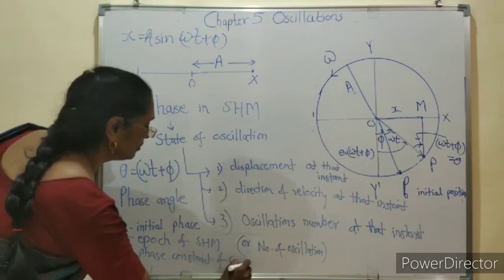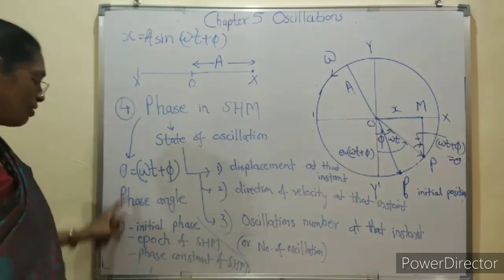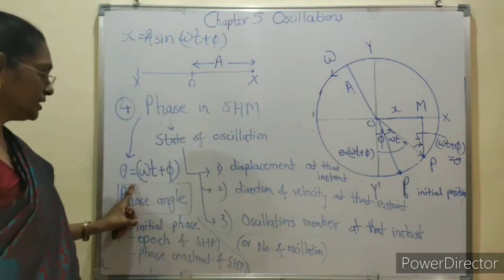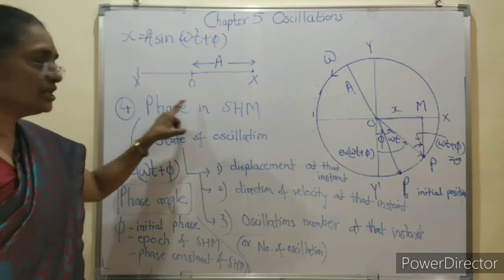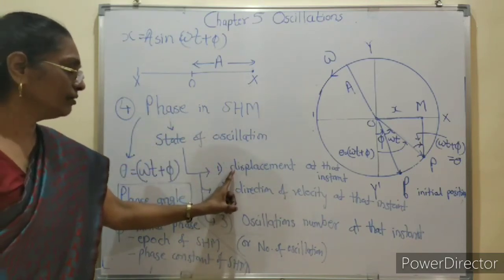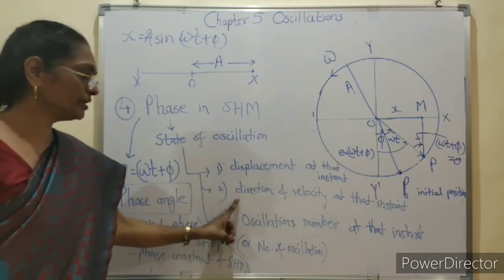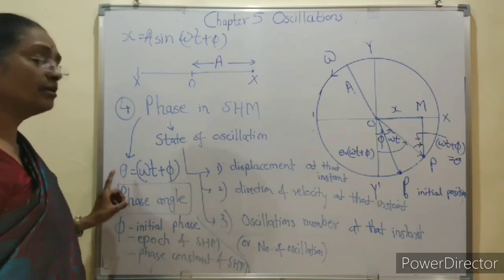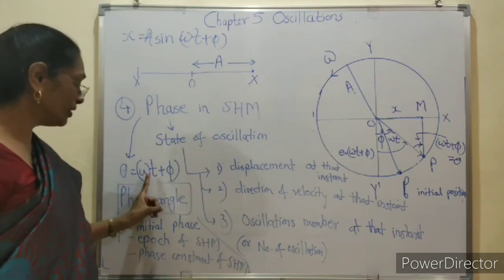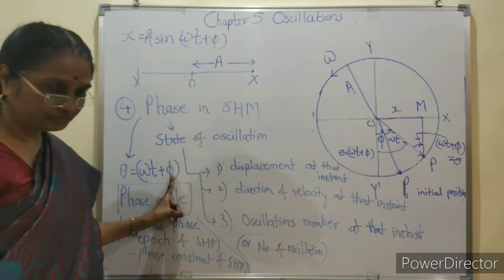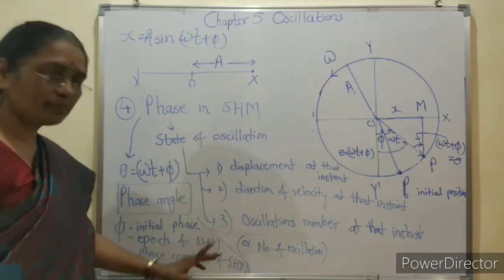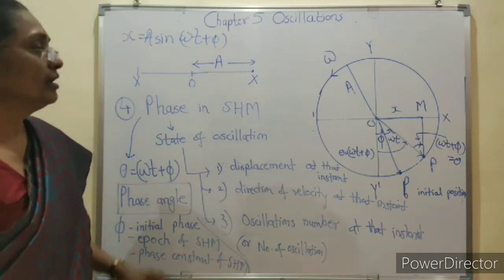So this is about the mathematical part of this phase angle, or simply phase in SHM. So phase in SHM is the state of oscillation. It can be known by displacement, direction, and number of oscillations, but represented by means of an angle theta, omega t plus phi. Here phi is initial phase, phase constant or epoch of SHM.